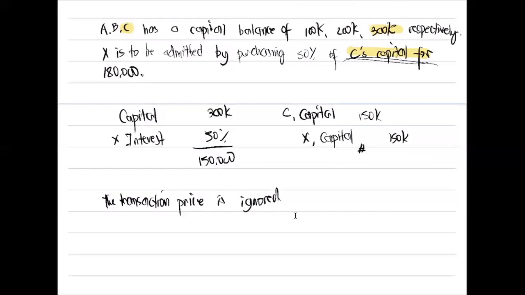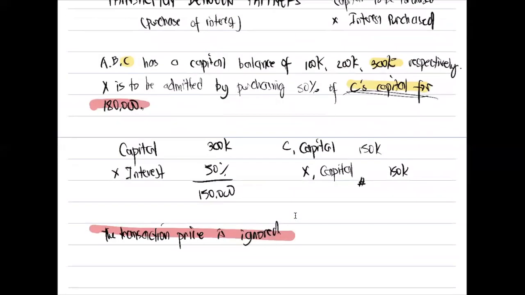Okay. Look, guys, the transaction price is ignored. The 180,000 is ignored. So why is it ignored? Because again, this will only be treated as a transfer of capital. Therefore, there should be no increase or decrease in your total capital. We ignore the amount of the purchase because that is a transaction between the partners.